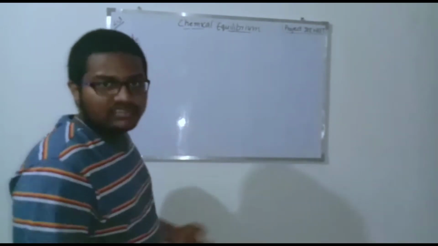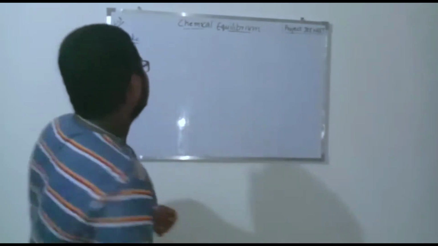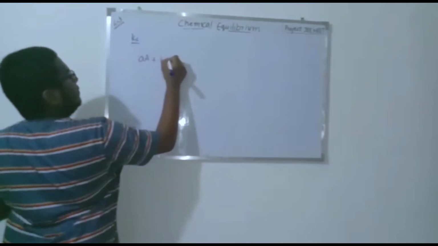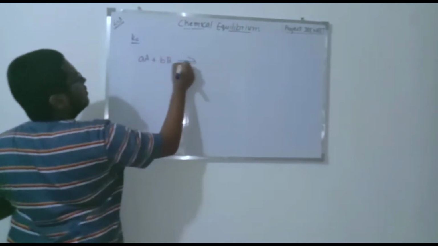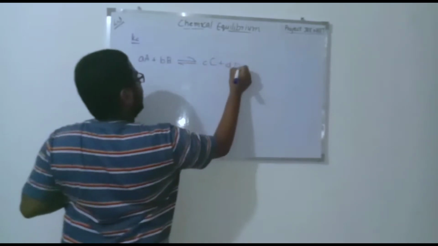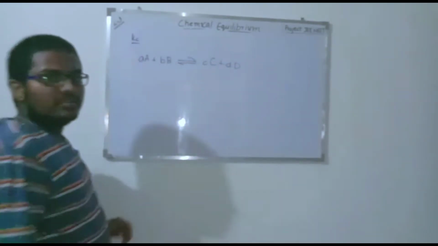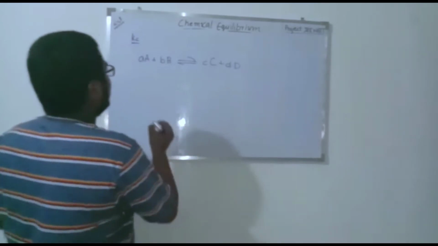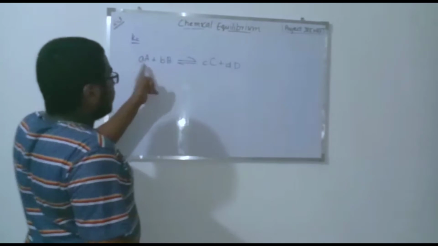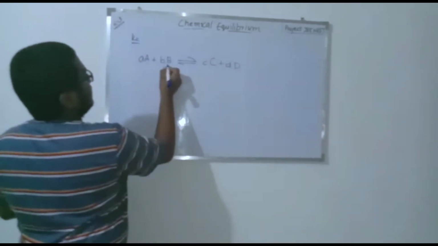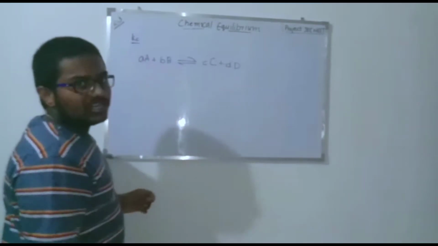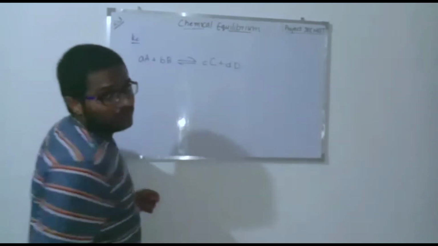In order to understand this concept briefly, let's take a general form of an equation with a reversible arrow. This is a general equilibrium reaction, where small a, b, c, d are the coefficients, and capital A, B are the reactants and C, D are the products.